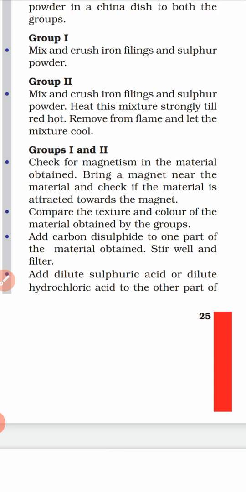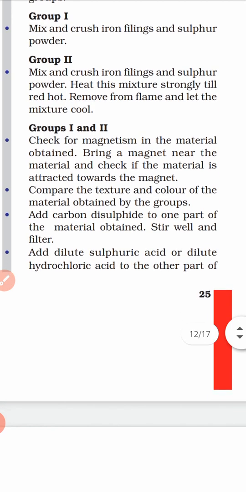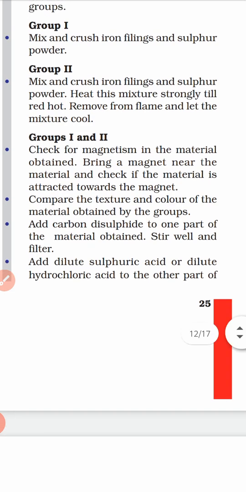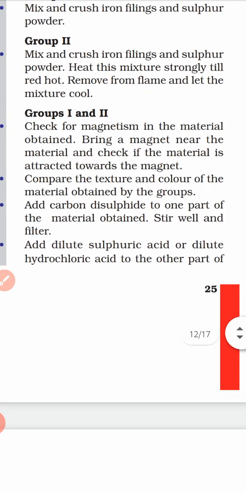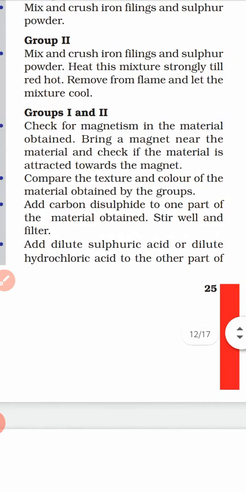Next one. Compare the texture and color of the material obtained by the groups. As I told you, iron sulfide is blackish brown, so it has a different color, but group 1 is retaining the color of iron and sulfur. Next one, add carbon disulfide, a solvent, to one part of the material obtained.